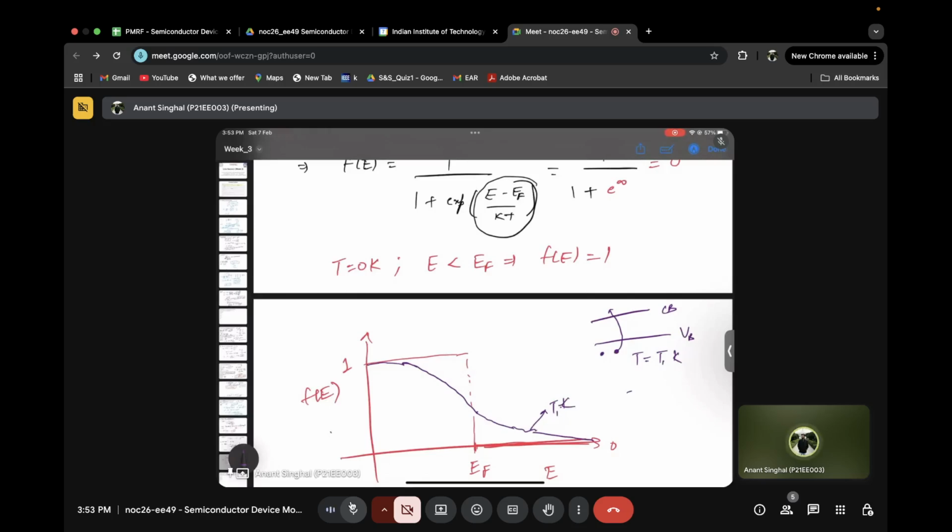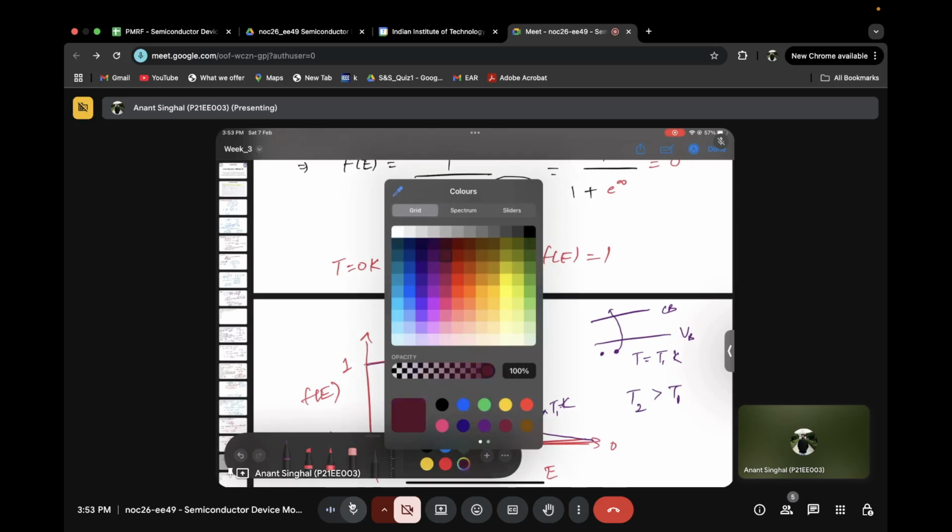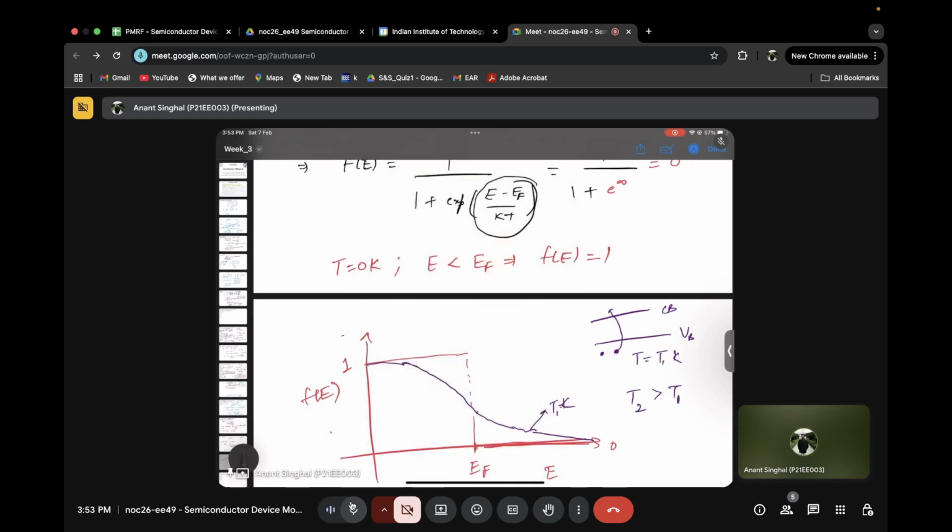Let's say I now take temperature T2, which is even greater than T1. How would you think the plot should look? More steeper or more flatter? Steeper means down or up? Yeah, more down. That means the probability would decrease even more below Fermi and increase even more above Fermi.